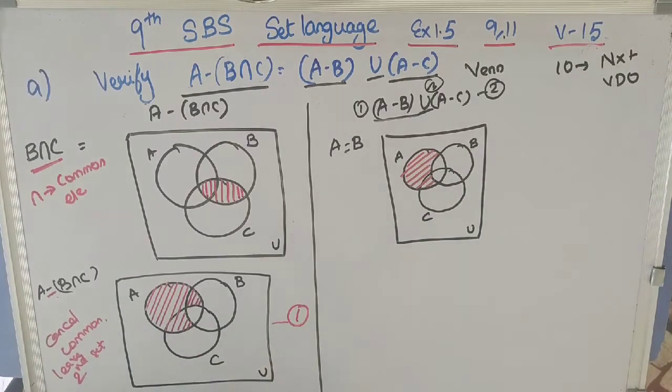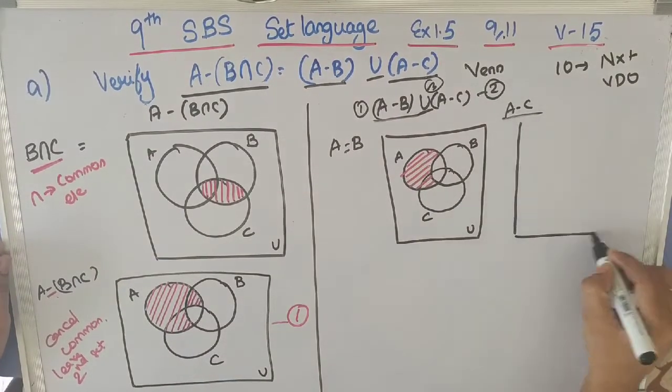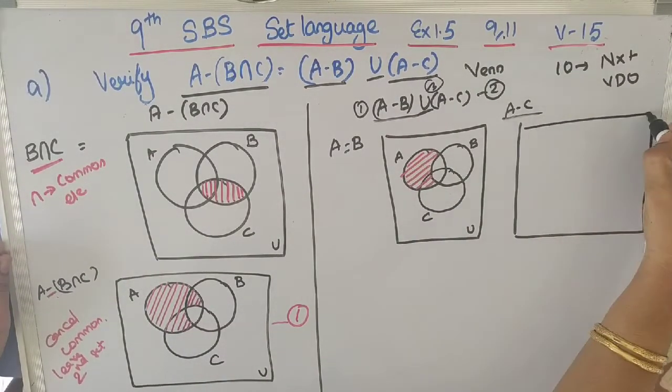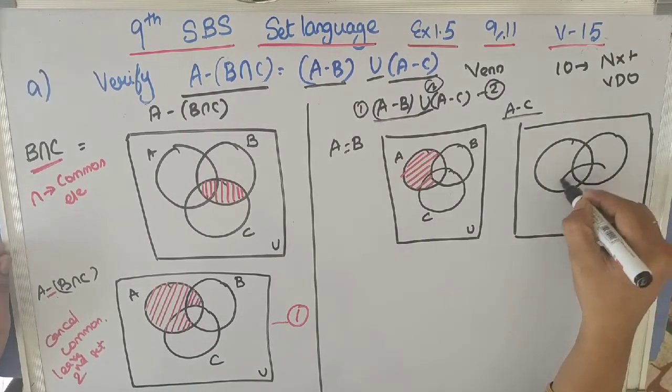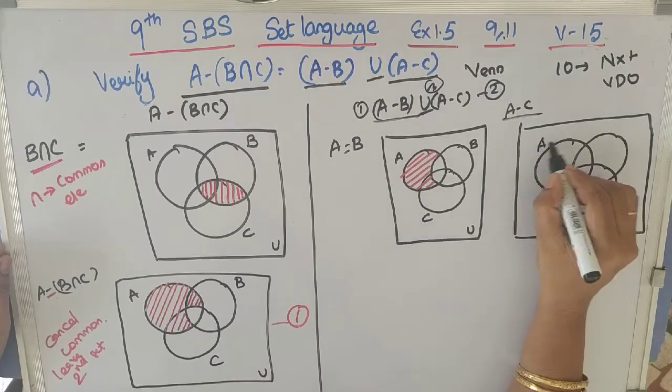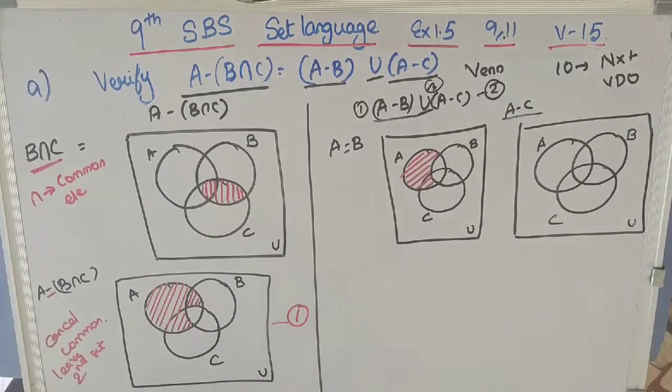Clear? Now we have to find A difference C. So I am going to draw the sets A, B and C within the universal set U. Now we have to find A difference C. What is difference?